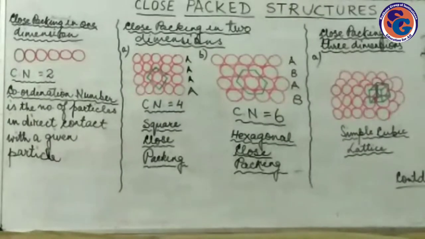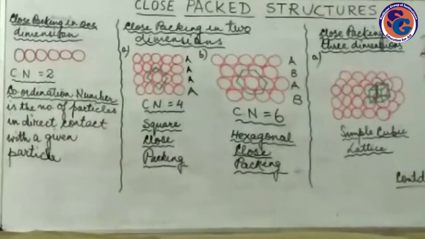Close packing in 2 dimensions can be obtained in another way. That's the second one, which you can see is an AB type of arrangement. The arrangement is such here that the first layer and the third layer, that's the alternate layers, are similar.